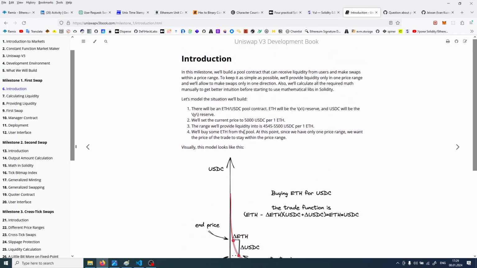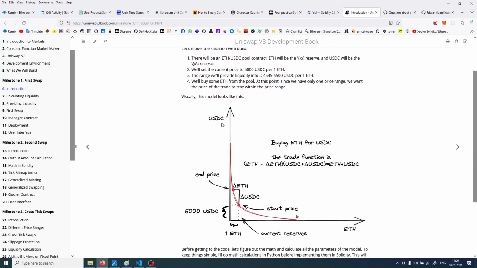But he chooses Ethereum and USDC as assets in the pool. We can use just token 0 and token 1.